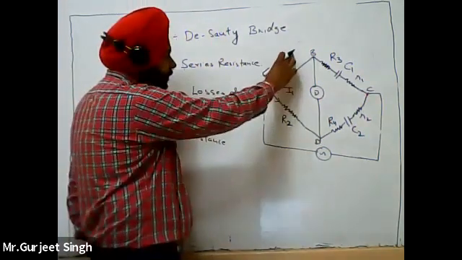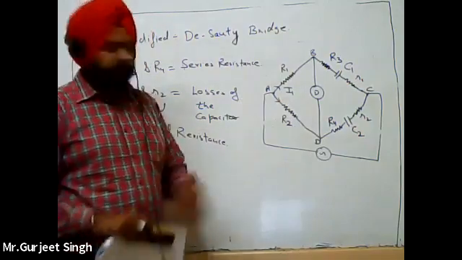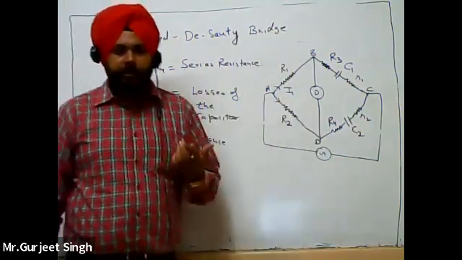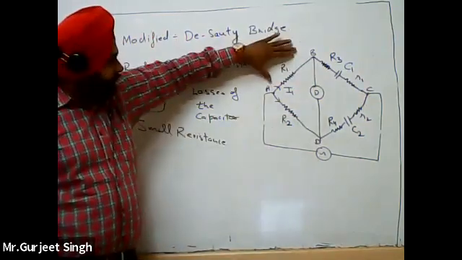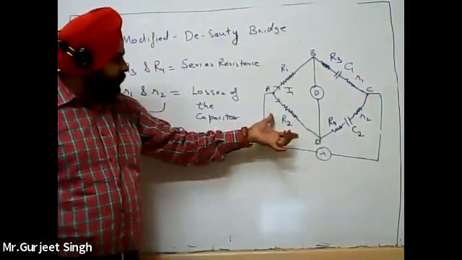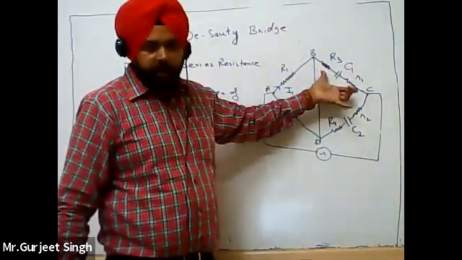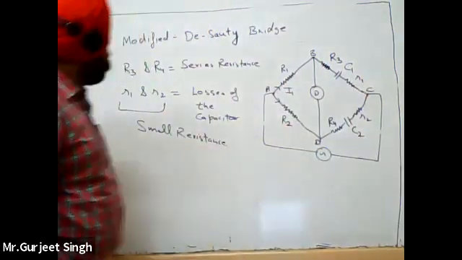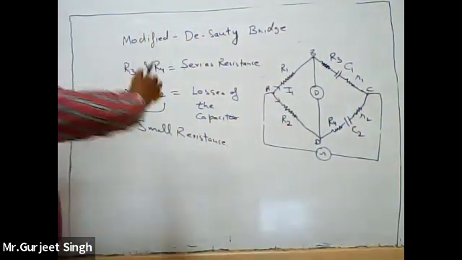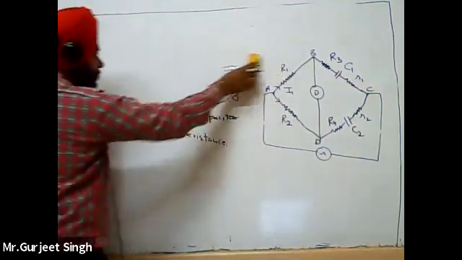First, V1 is equal to V2, on the same pattern which we used in the De Sauty bridge. This V1 voltage is equal to this V2 voltage, and the voltage across the third arm is equal to this voltage.